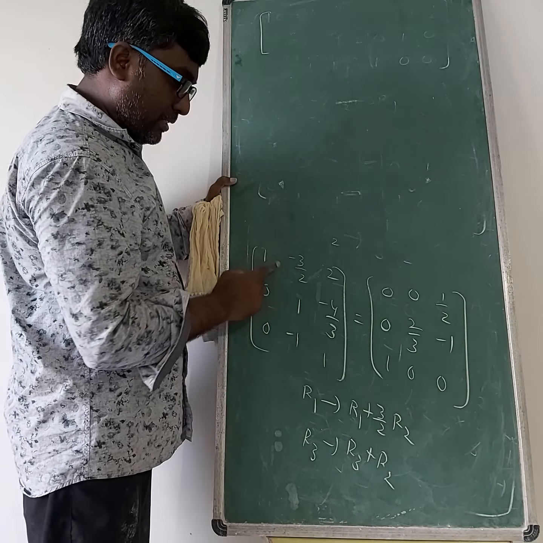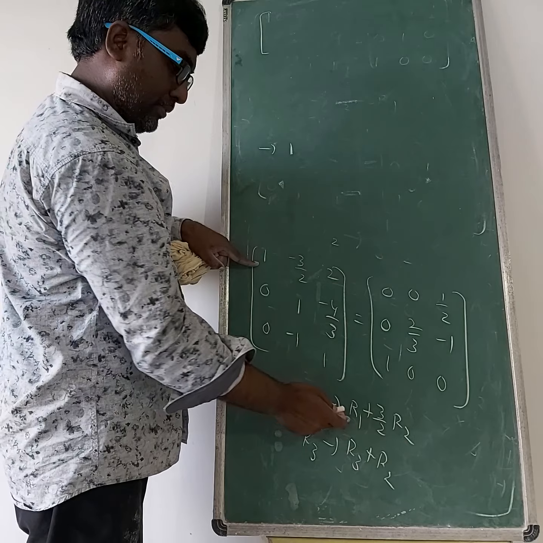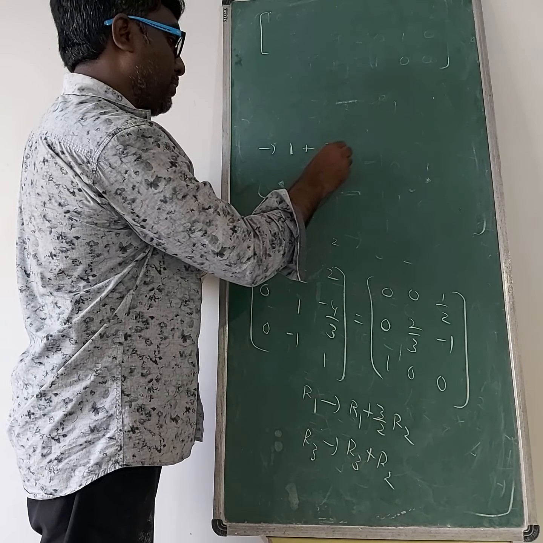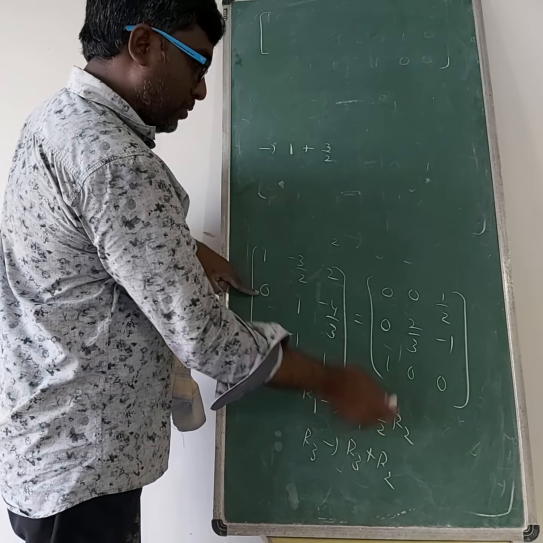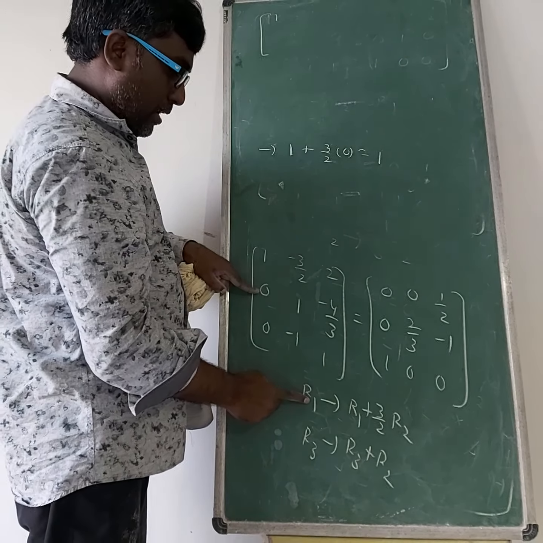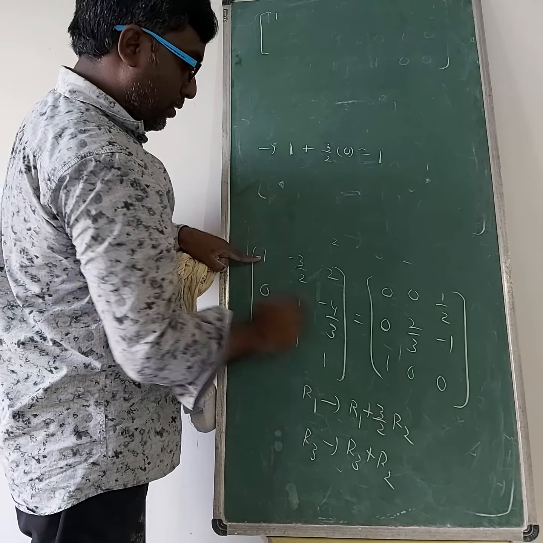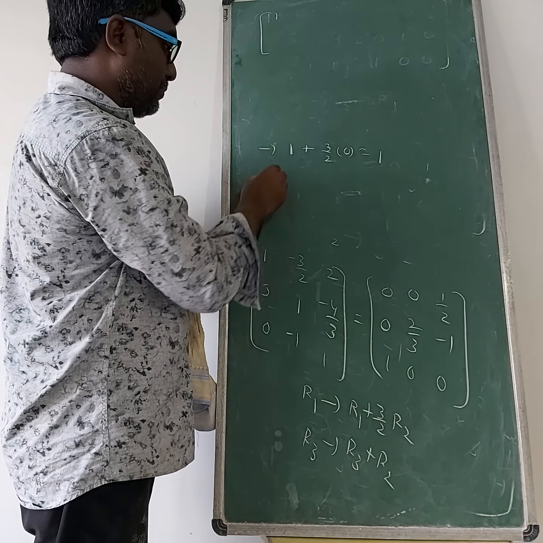Here R1 we are changing. Here 1 plus 3 by 2, corresponding R2 value is 0, so 1. R1 plus 3 by 2 R2, corresponding value is 0.